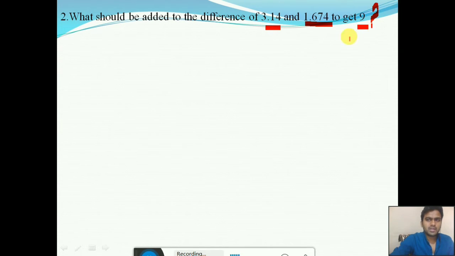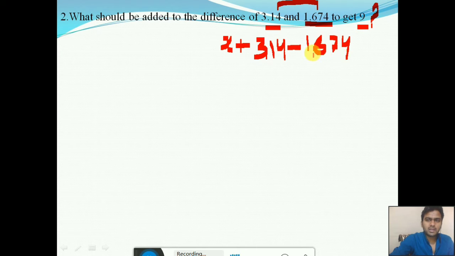So we will assume that x be added to the difference of these two numbers, 3.14 and 1.674, to get 9.